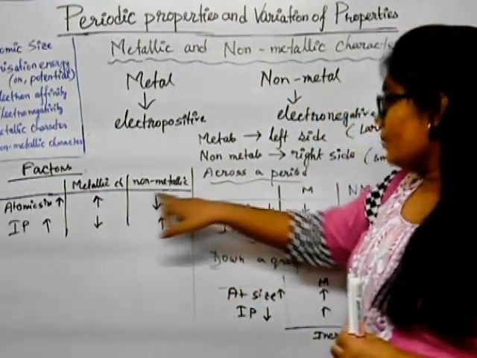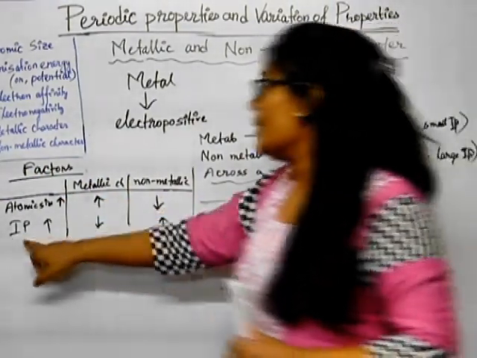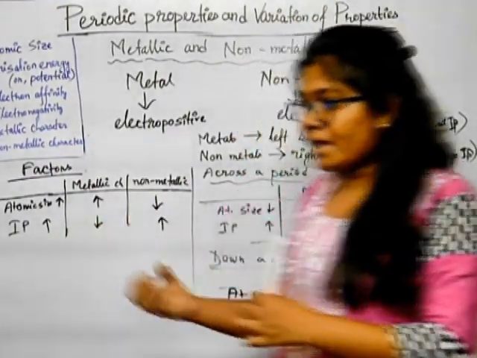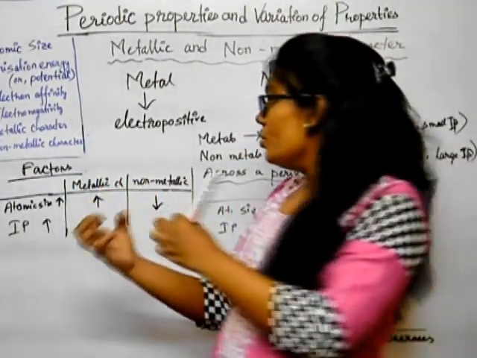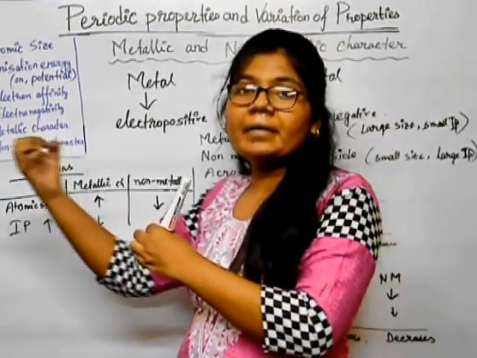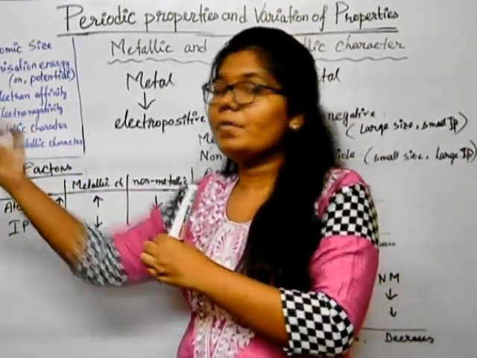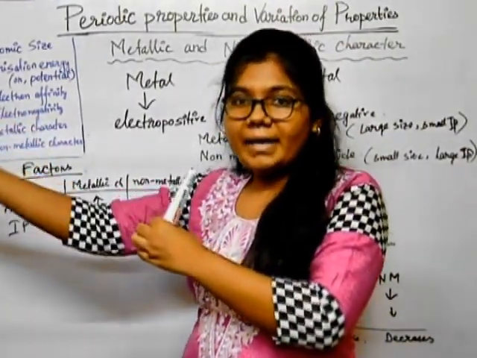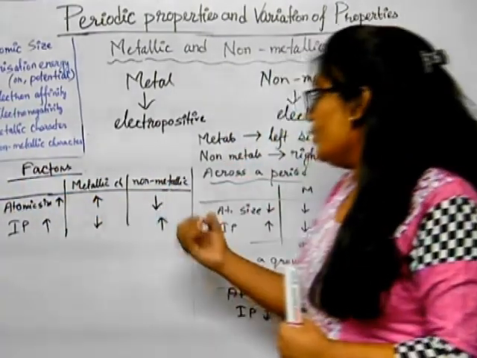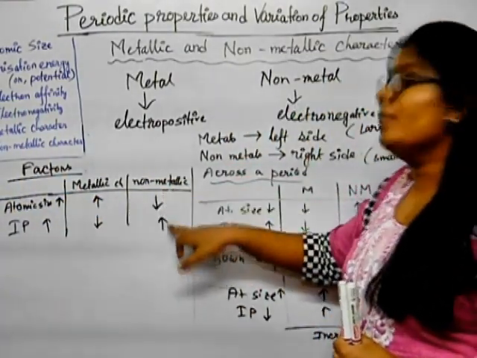And in case of non-metallic character, if IP increases, it means they are strongly bonded, so they can attract another electron from the outside, meaning they can accept the electron easily, so non-metallic character is increasing.